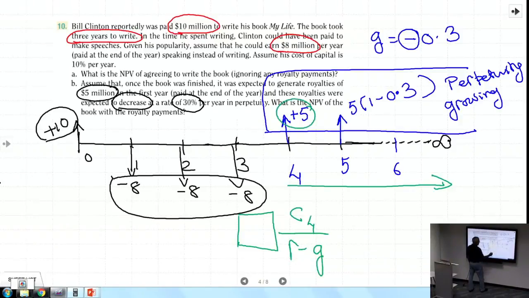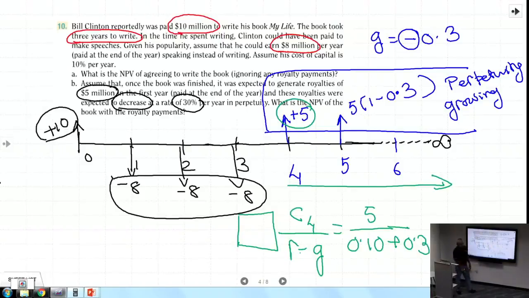So this cash flow divided by R minus G. So it's going to be 5 divided by R, which is 0.1, and G is negative 0.3. So negative 0.3 will become positive 0.3 here. Negative, and this negative will make it positive.